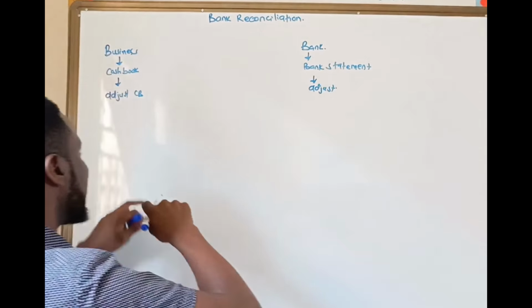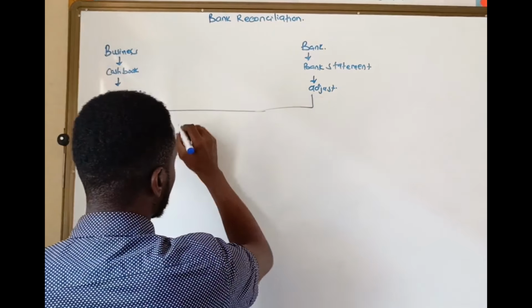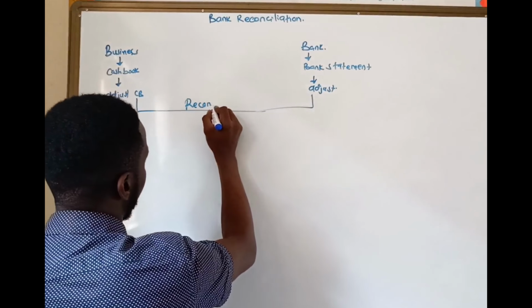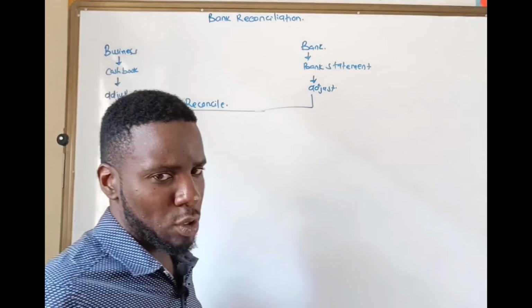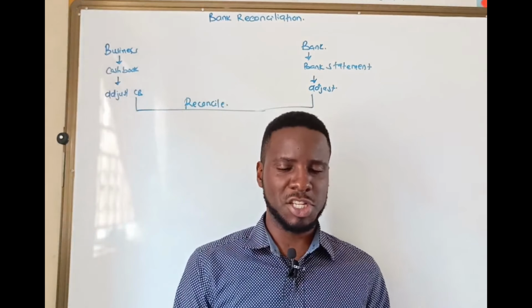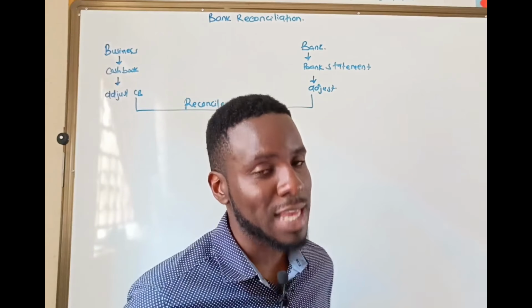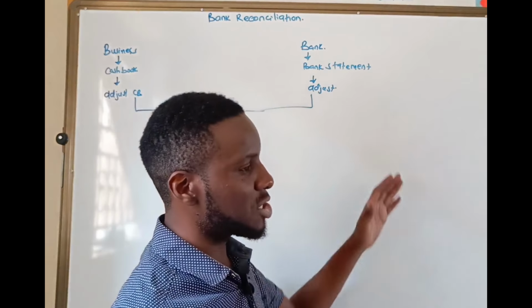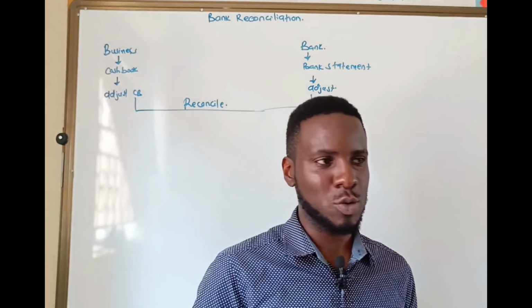Then, after this adjustment, we shall reconcile the two values. So this is basically what we are going to look at. How do we reconcile? In case you are in an organization and you get a bank statement and it does not reconcile with the amount you have in the cash book, how do you treat it? So this is what we are going to look at today.